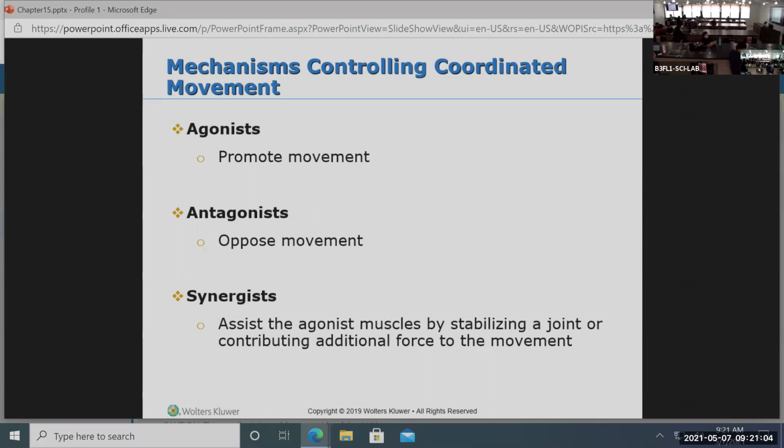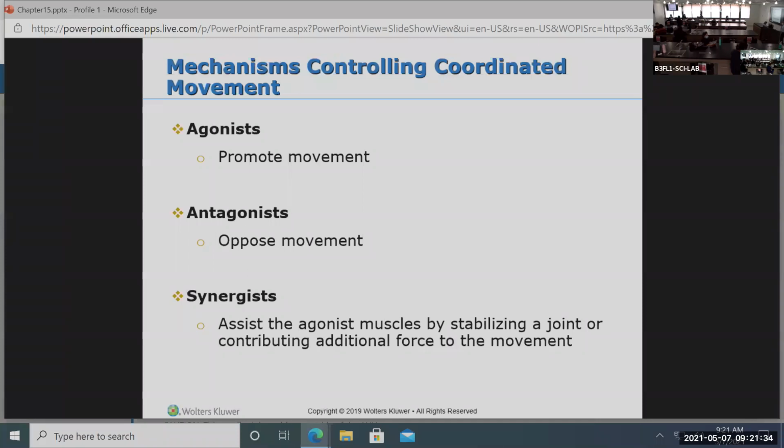We have biceps over here. It is the agonist. Triceps at the back is my antagonist. So when the biceps contract, causing flexion, this is the agonist. Triceps relax, and when the triceps contract, we call it extension.